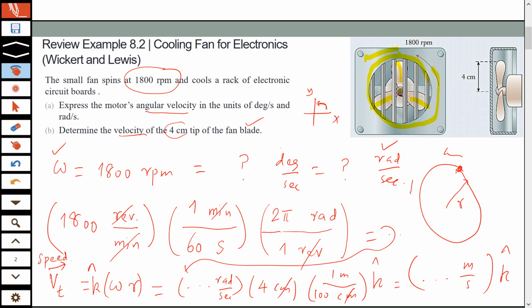If I replace a fan with a particle at the center of mass, a particle cannot rotate about its own axis, so that would be wrong. We can do this because we are now considering a particle at the tip of the fan, and that tip can rotate about the center. So you need to be clear about which model you are using. We are using the particle model, but for the tip of the fan and not for the whole fan.